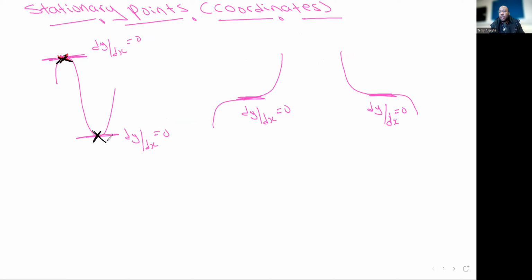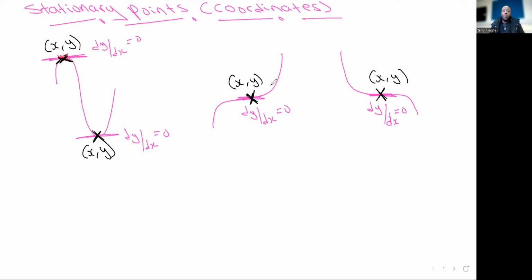At this point here, dy over dx is 0, and at this point here as well. So when we say the coordinates at a stationary point, what we are asking is: what is the x coordinate at this point and the y coordinate at this point for this curve? The x coordinate at this stationary point, the y coordinate at this stationary point, and so on for each point.